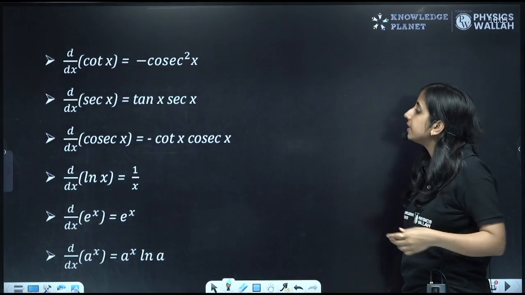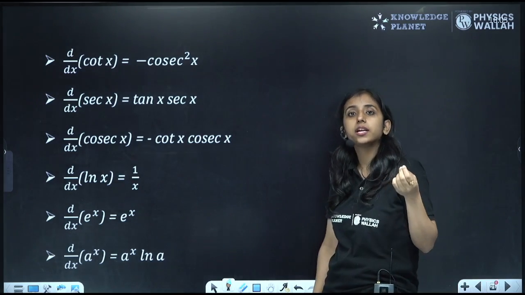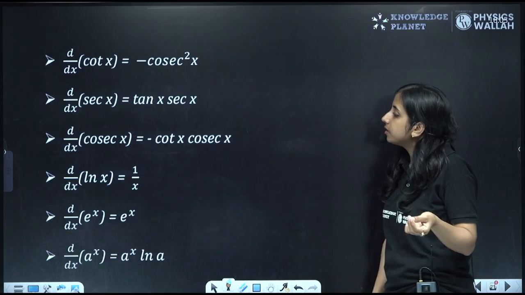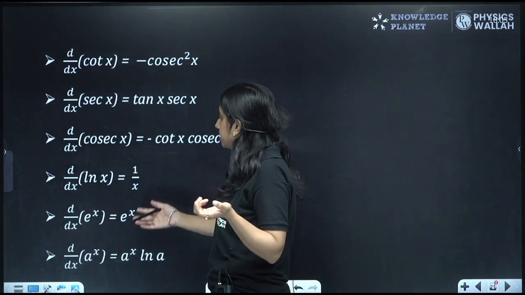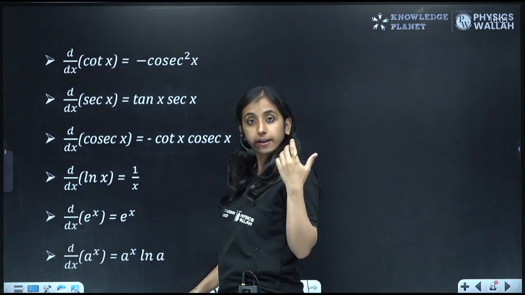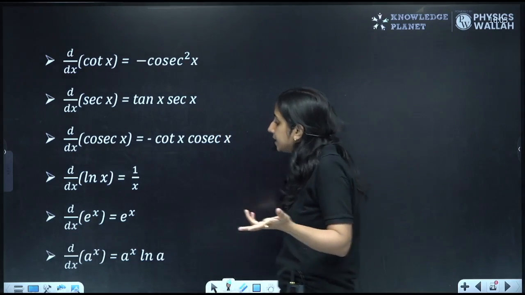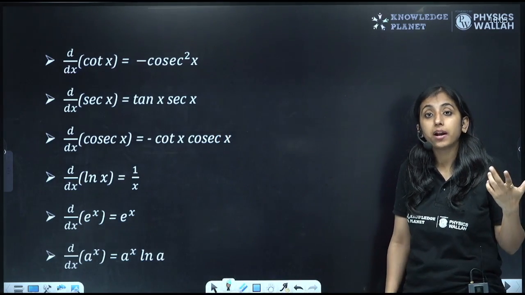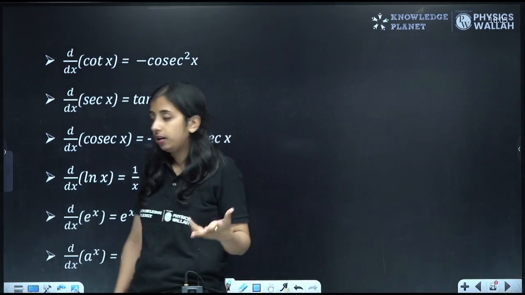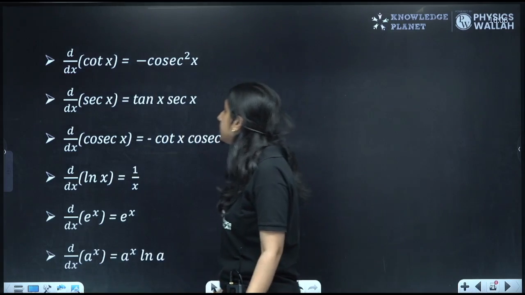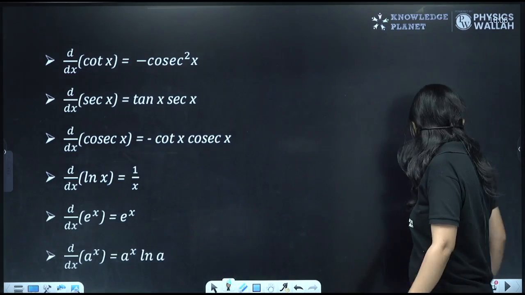Differentiation of cosecant x is minus cot x into cosecant x. Differentiation of log x is 1 by x. Differentiation of e^x is e^x only. And differentiation of a^x is a^x log a. So this is the differentiation of some fixed functions.